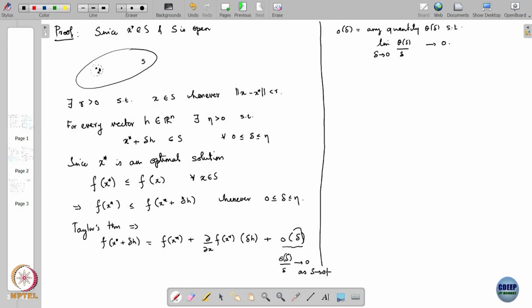Since that is the case, we know that f of x star is less than or equal to f of x star plus delta h. So, consequently, if I look at this difference, f of x star plus delta h minus f of x star, that difference is greater than or equal to 0.